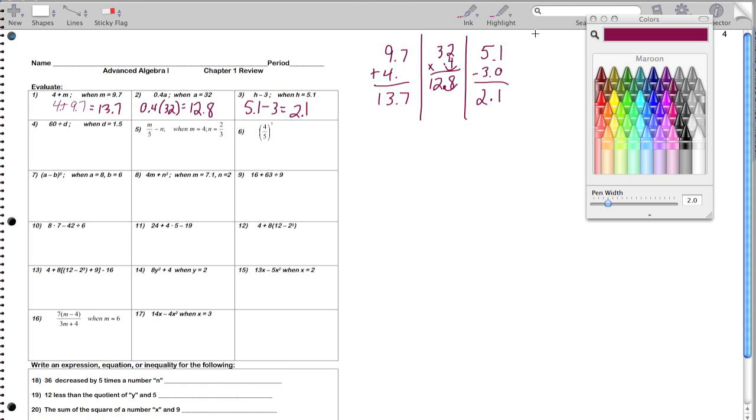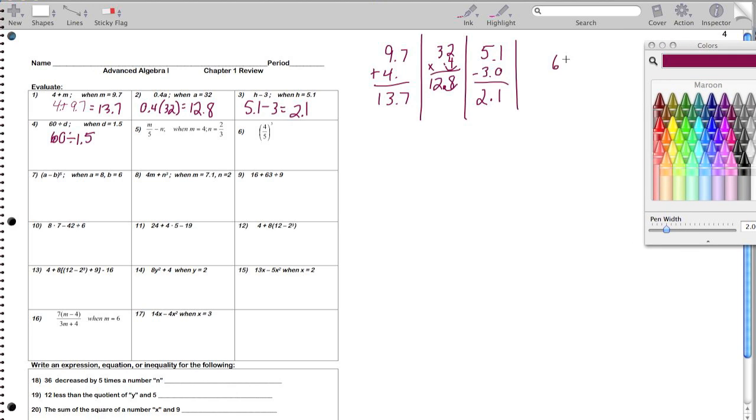All right, number 4. 60 divided by d. So 60 divided by 1.5 is my value for d. So 60 is going to be inside, 1.5 is outside. We cannot have a decimal outside, so we have to move this over one place and then correspondingly move one place over on the inside as well.